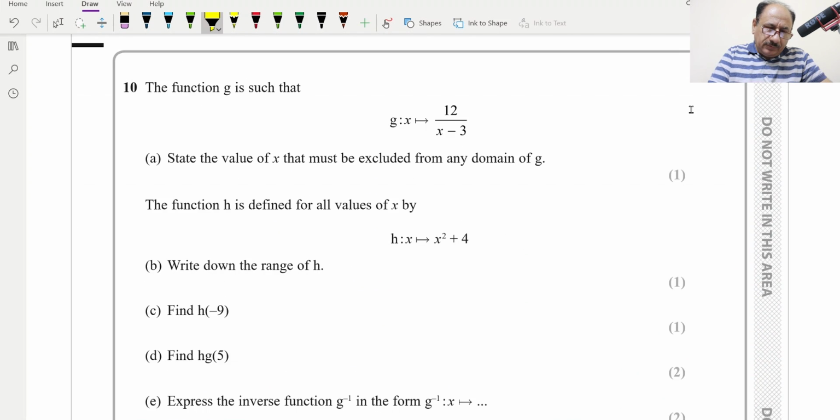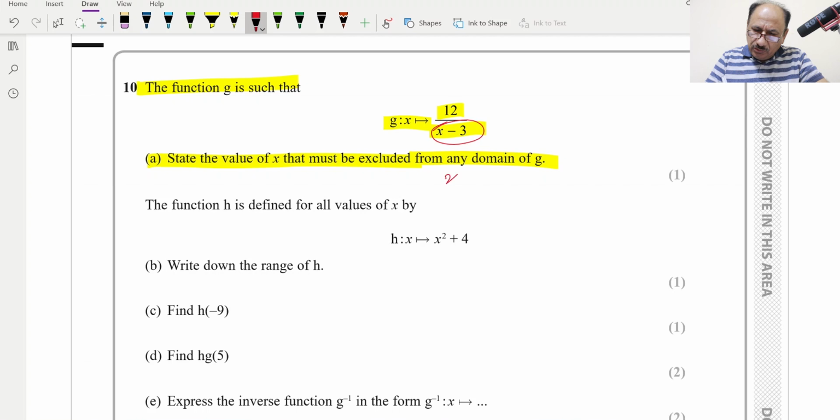Question number 10. The function g is such that, this is the definition of the function g. State the value of x that must be excluded from any domain of g. For that, we'll be checking this denominator. So we'll put the denominator equal to 0. So x minus 3 is equal to 0.